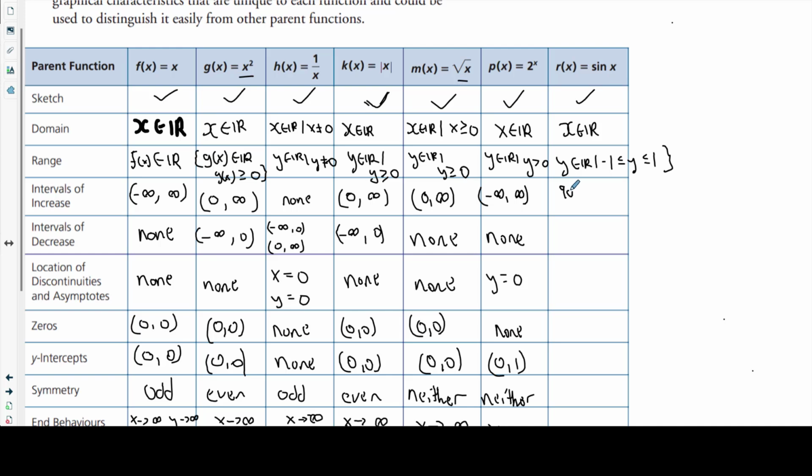So 90 bracket 4k plus 1, comma 90 bracket 4k plus 3.